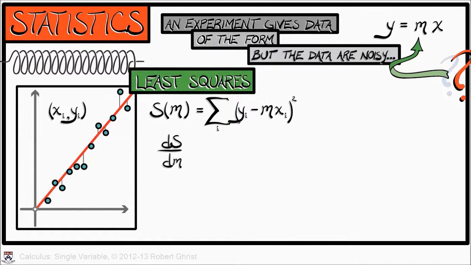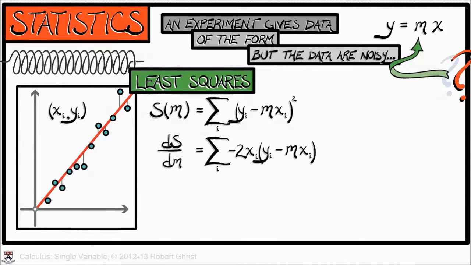So let's proceed. If we compute the derivative of s with respect to m, what will we get? This looks scary, but it's not so bad. Differentiation is linear, so we can pass the derivative inside the summation sign. Now, using the chain rule, what do we get? Well, we get twice the quantity y sub i minus m times x sub i, times the derivative of that quantity with respect to m.